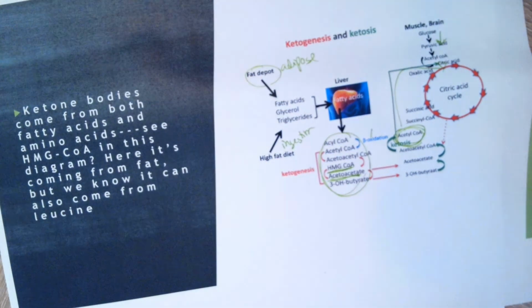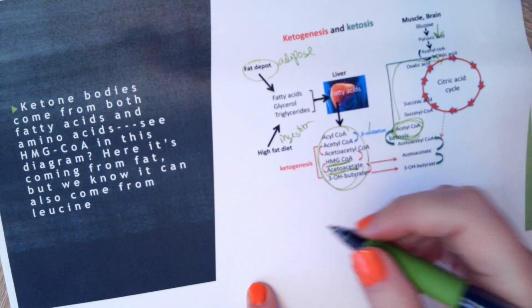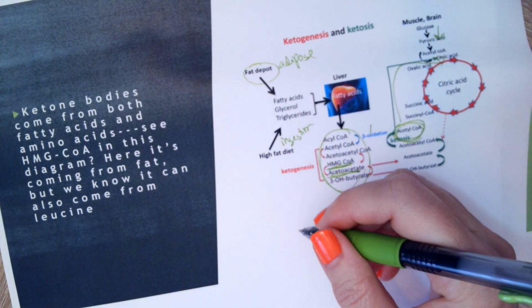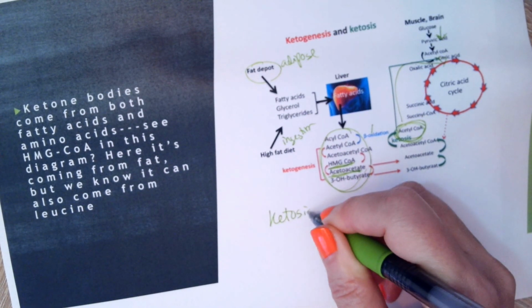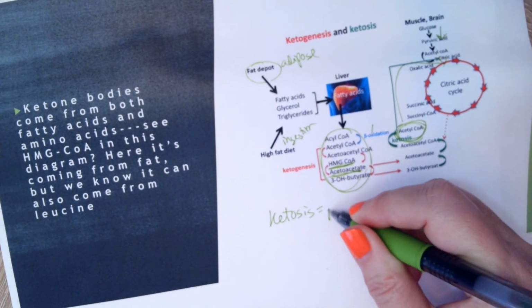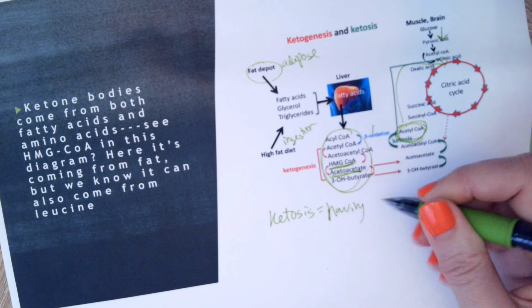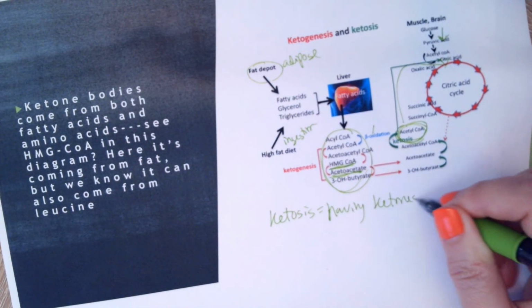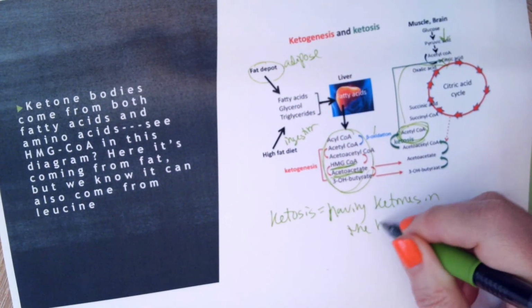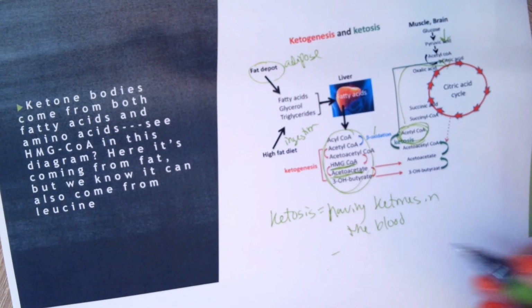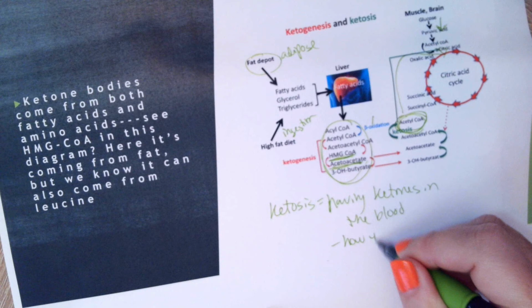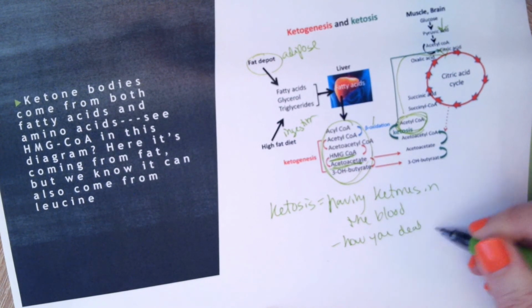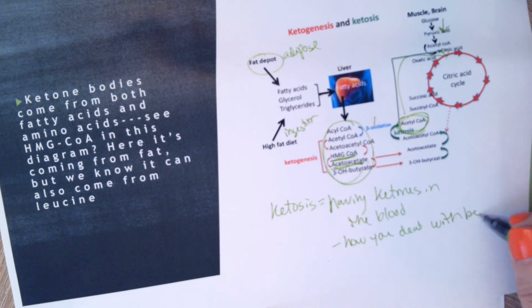Now, the last point I want to make very briefly, I know this video is going on kind of long, and I'm losing my voice, is the difference between ketosis, which is having ketones in the blood, this is how you cope or deal with being in the starvation state.